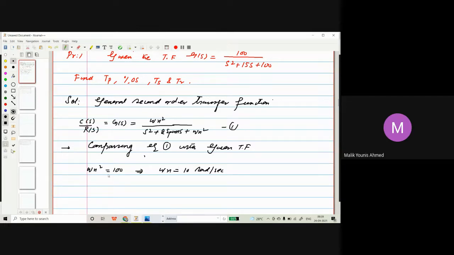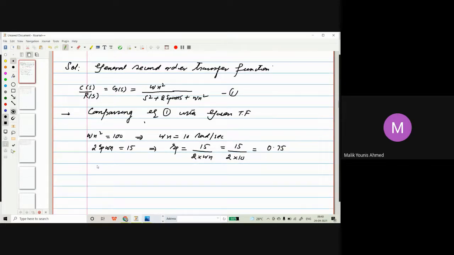Next, 2 xi omega n is equal to 15, so xi is 15 divided by 2 into omega n, which is 15 divided by 20, that is 0.75. So that's an underdamped system. If asked in the GATE examination what is the type of response, you have to write that. So we have got xi and omega n.